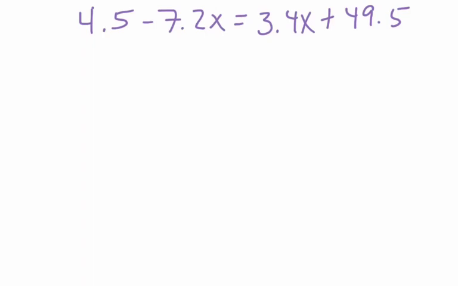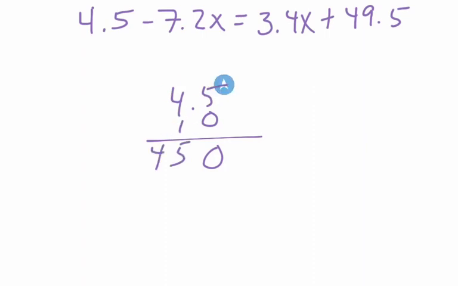But if you take 4.5 and multiply that by 10, you get 0, then 5, and then 4, like so. Then you count up your decimal places; there's 1 digit to the right, and so that ends up being 45.